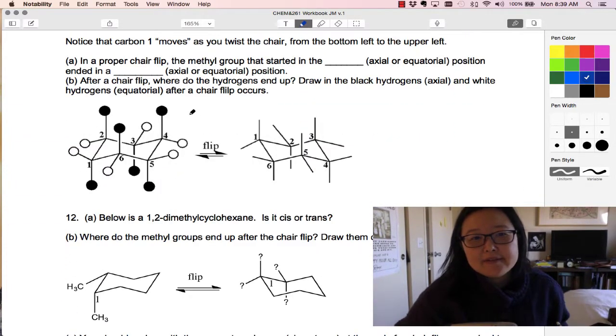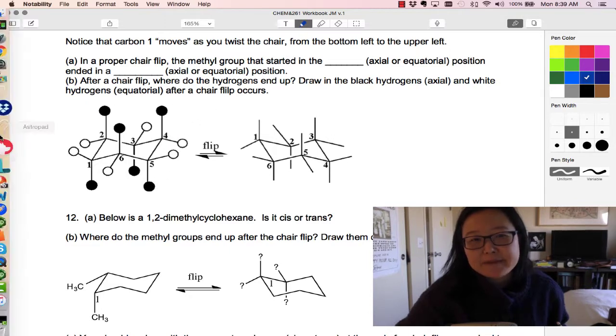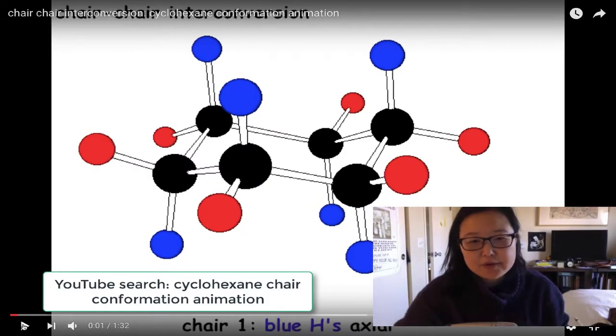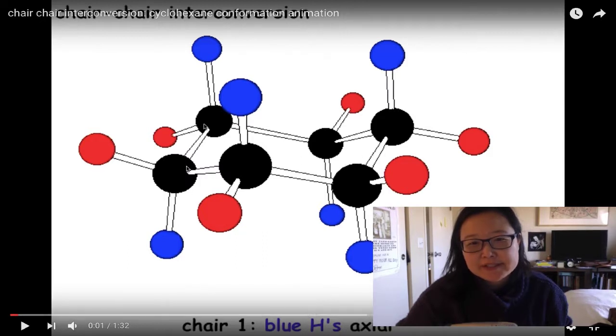So I have a very cool animation that I want to show you of this chair flipping. If you Google or YouTube search cyclohexane chair conformation animation, you will find this. I think it's very cool. So it's showing you one of the chair conformations. Here's my V pointing down, and then these two lines and a V pointing upward.